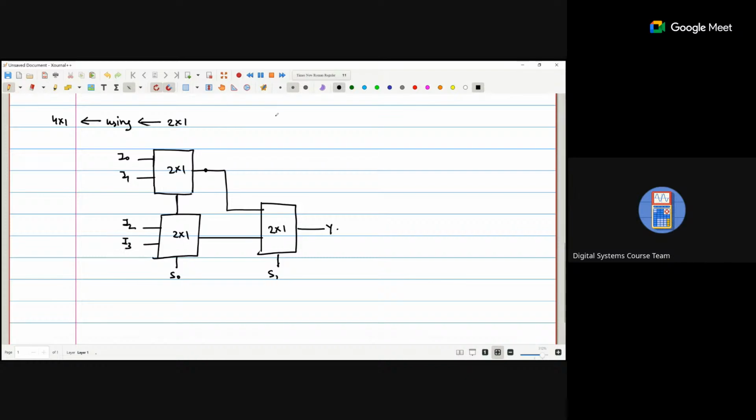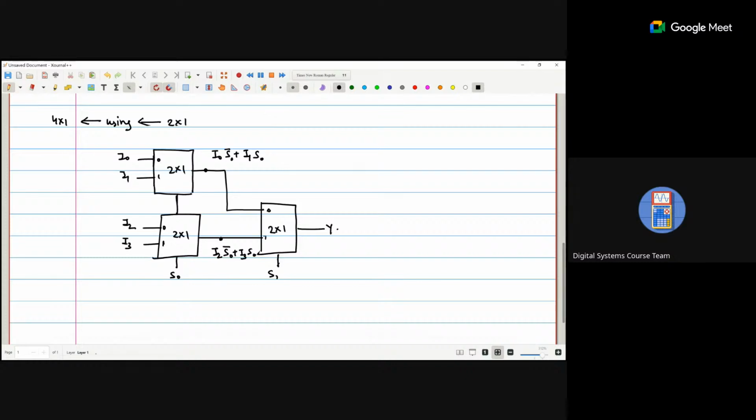If I write down the equation for this point, it is I0 S0 bar plus I1 S0. If the select line is 0, I0 is selected. If the select line is 1, I1 is selected. Similarly for this point, it is I2 S0 bar plus I3 S0. And from here it is again 0 and 1.